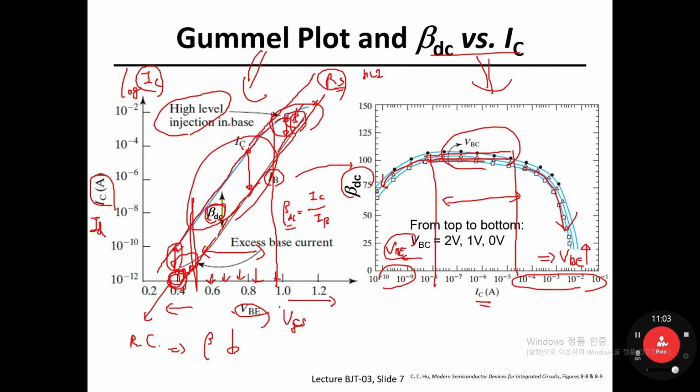Ideally beta DC wouldn't be affected by the input voltage, but in reality, your beta DC value would exist in a sweet spot position.